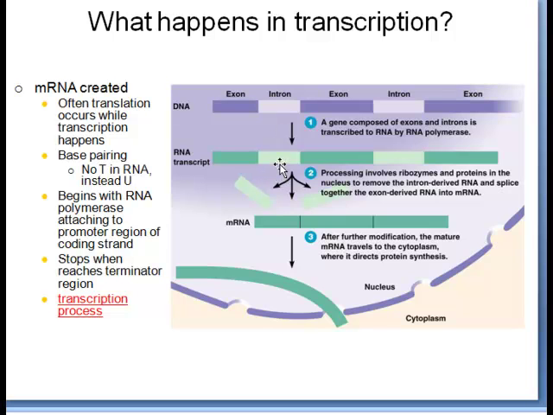So introns are sliced out of the RNA, and the mature or processed RNA has a shorter base length. Notice all the introns are gone, so you have the shorter mature RNA, which will then go towards the ribosome for protein synthesis.